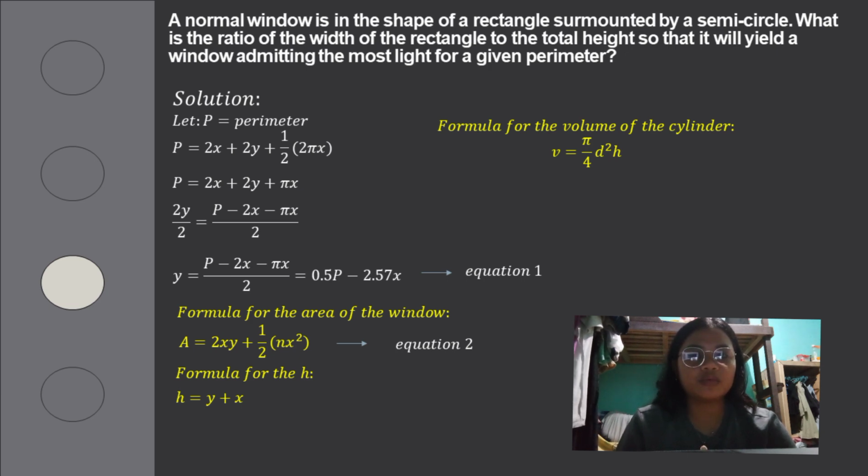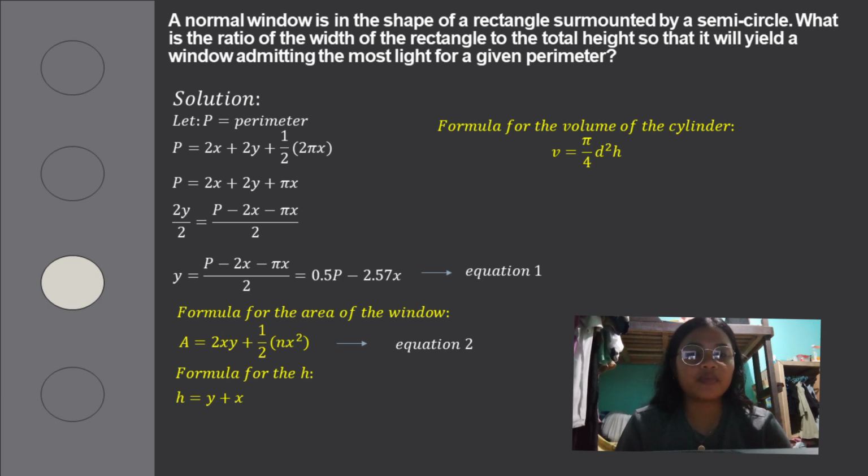P is equal to 2x plus 2y plus pi times x. So, 2y over 2 is equal to P minus 2x minus pi times x over 2. So, y is equal to P over 2 minus x minus pi times x over 2.